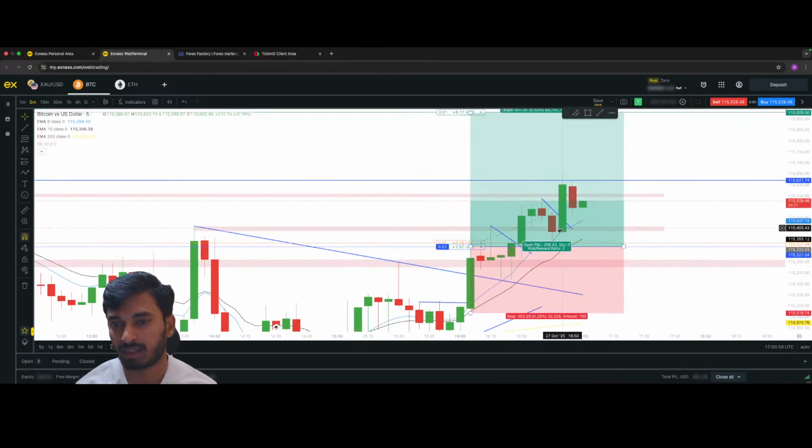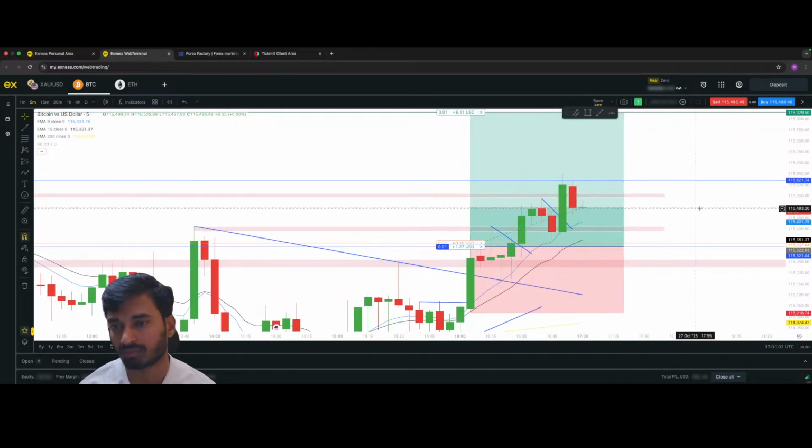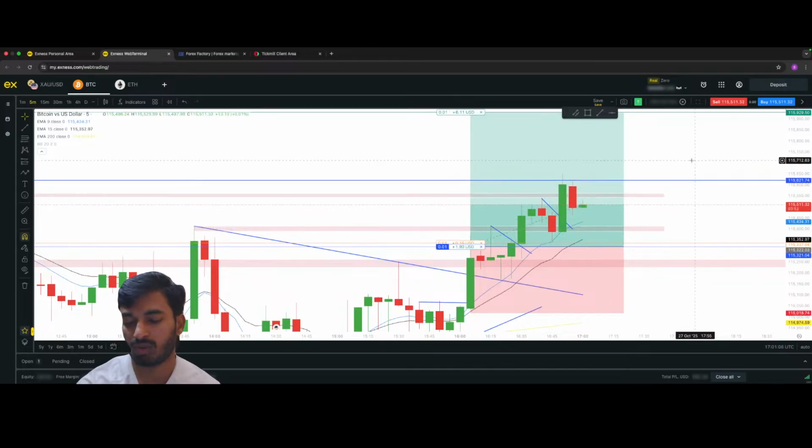I guess it has taken 9 EMA support, but if it comes below also, there is no loss, no profit. Cost to cost I will exit. Okay.